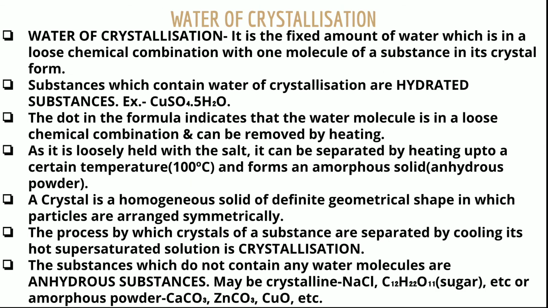Okay. Next is water of crystallization. What is water of crystallization? It is the amount of water which is in a loose chemical combination with one molecule of a substance in its crystal form. So a substance is there, and in that, water molecules are combined in a loose manner.